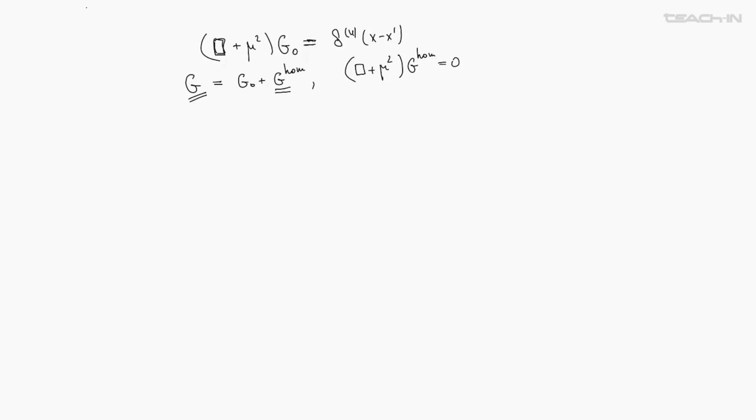So if you have a delta function source which switches on at t equal to t prime, then the signal propagates at later times, and that is what the retarded Green's function takes care of.